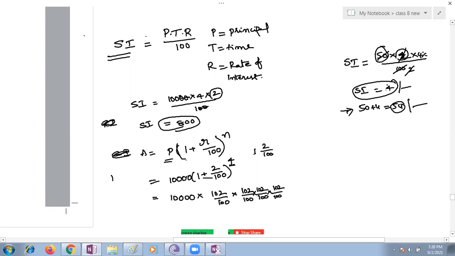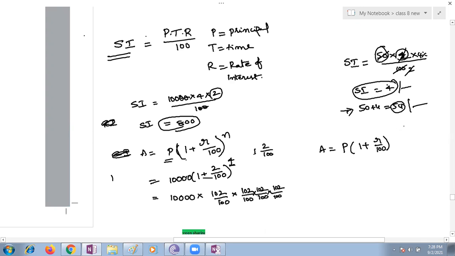Suppose I'm giving the same thing compounded half yearly. If I'm giving compound interest, how does he have to calculate the amount? First, let me find out the amount here. Amount equals P into 1 plus rate of interest divided by 100, whole power.